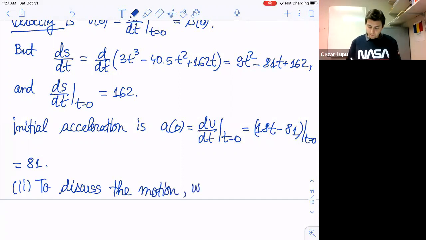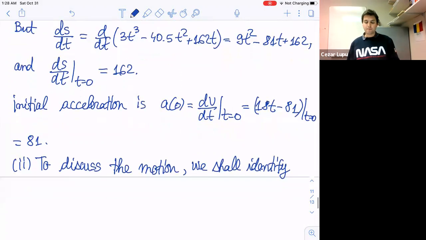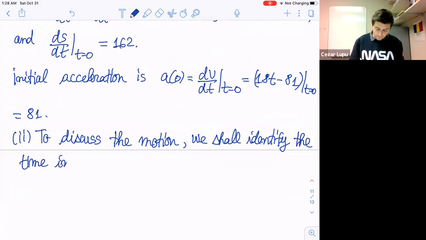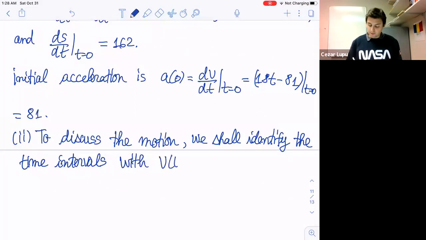We shall identify the time intervals with v of t positive, v of t equals 0, and v of t negative.